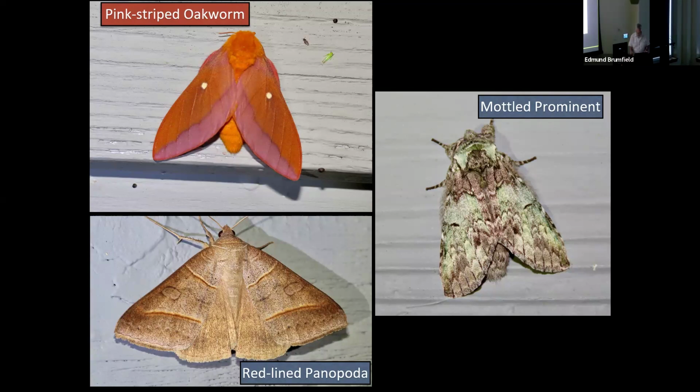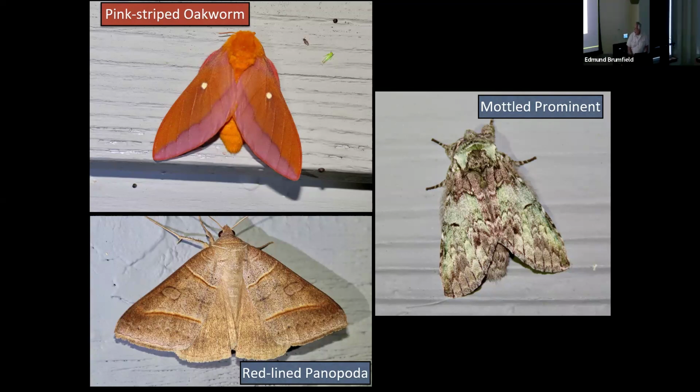And I can remember many years ago, one of the first trips to Sawmill Road up in High Point State Park, we saw a female pink-striped oakworm moth on the pavement being assaulted by about 15 males. And that's the first and only time I've seen big numbers of pink-striped oakworm moth.